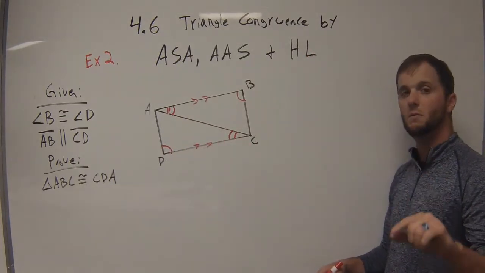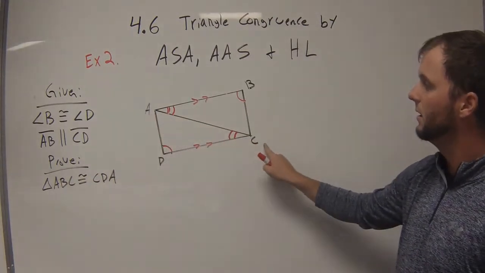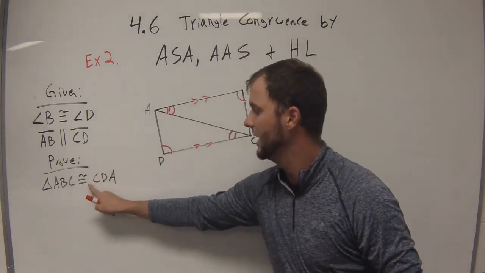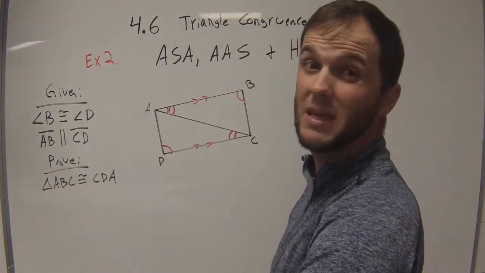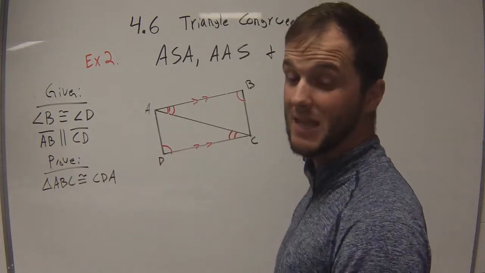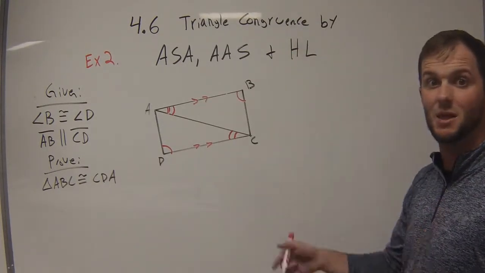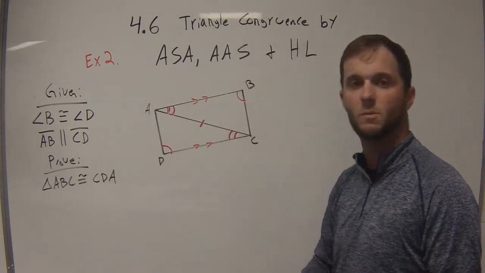And then now also we can see one more thing. If you look, AC and CA inside my triangles are basically going to be the same exact line. So since they are the same exact line, then that means that those are going to be congruent to each other. So this is going to be congruent as well.